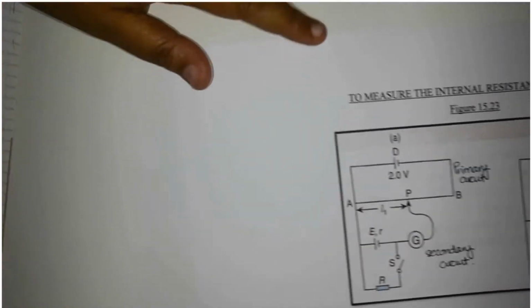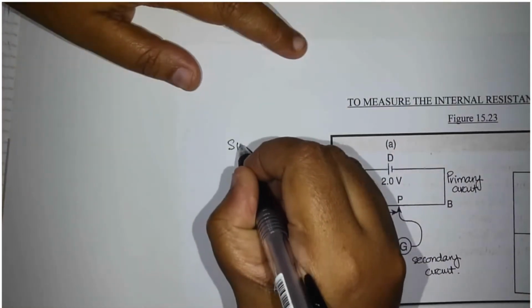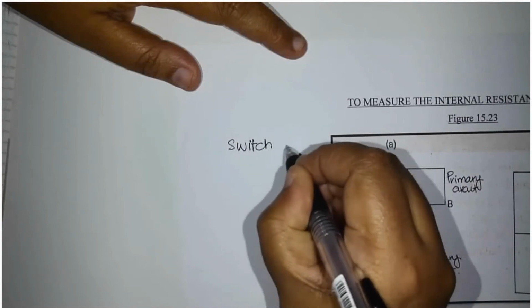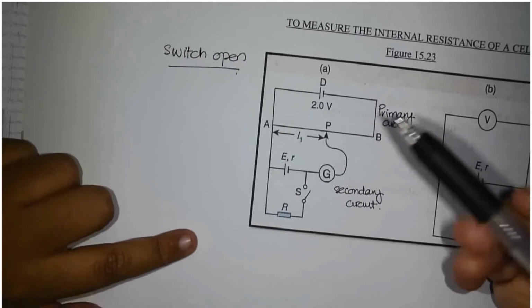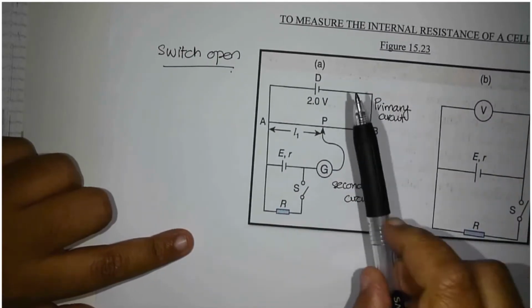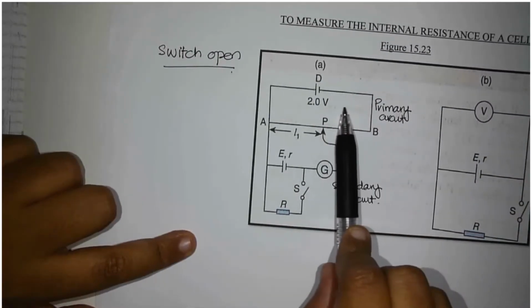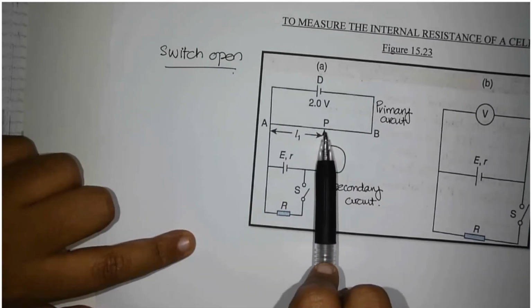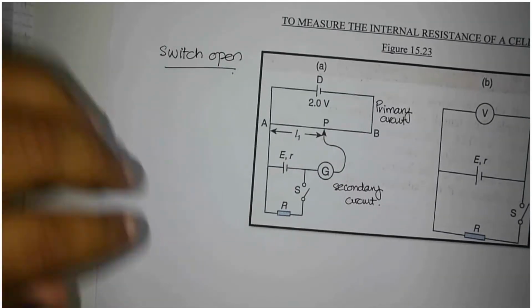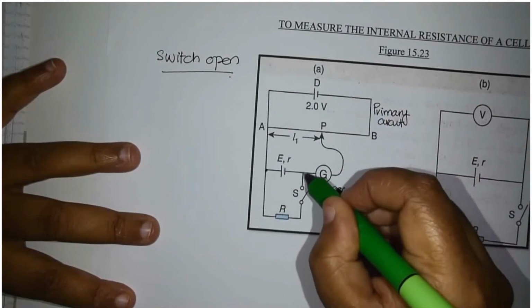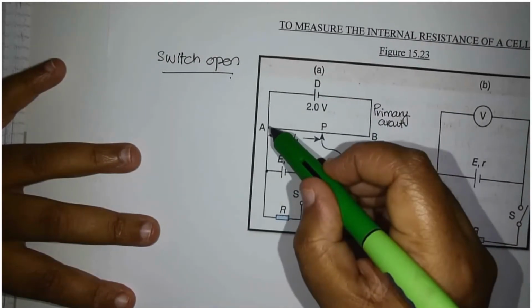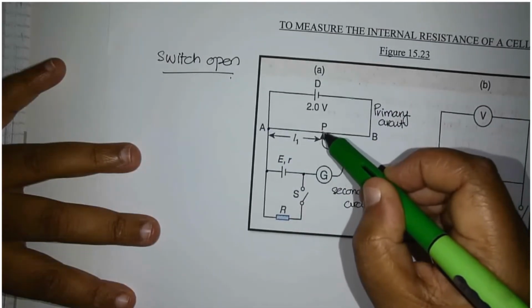First thing, the switch is open. When the switch is open, we slide the slider until the galvanometer points to 0. Then the voltage from this point to this point is balanced with the voltage from this point to this point.